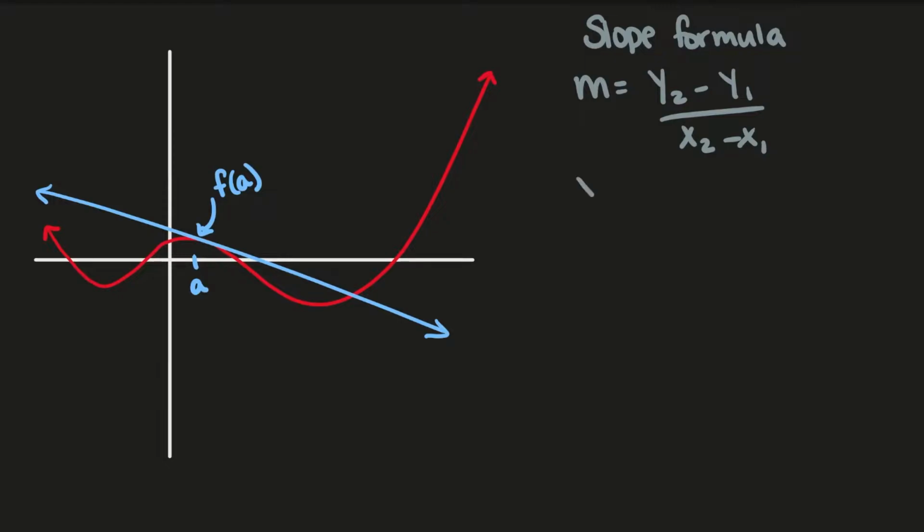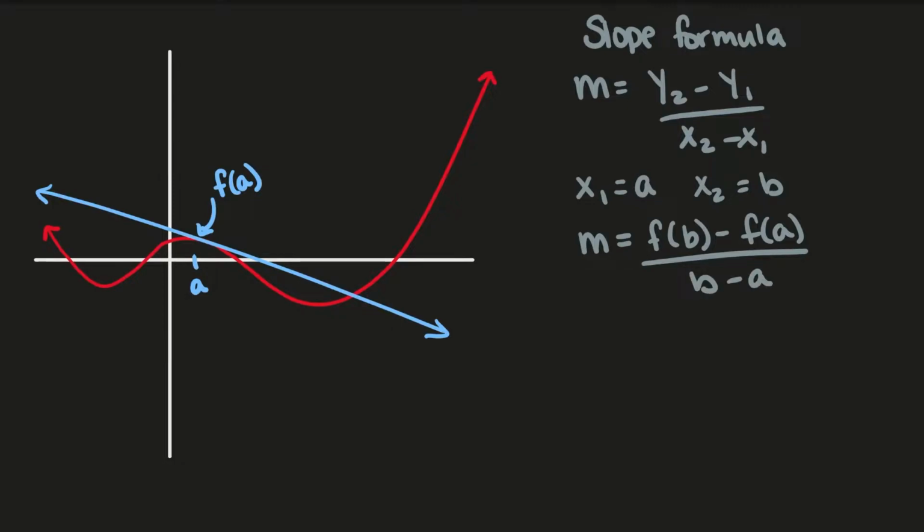If we say x1 equals a and x2 equals b, then our slope is actually going to be f of b minus f of a over b minus a, because when we plug b and a in, we will get y2 and y1. So this is going to give us the rate of change at a specific point.